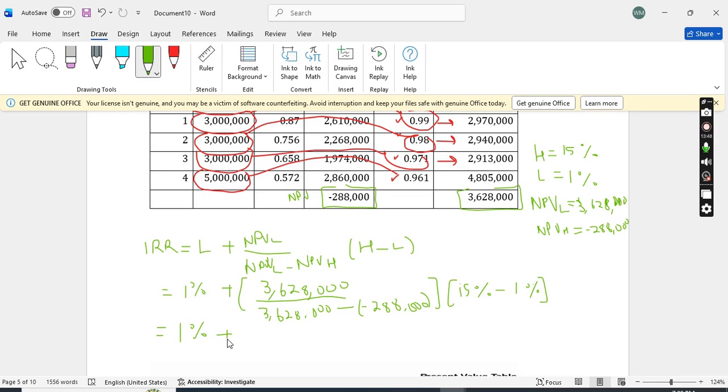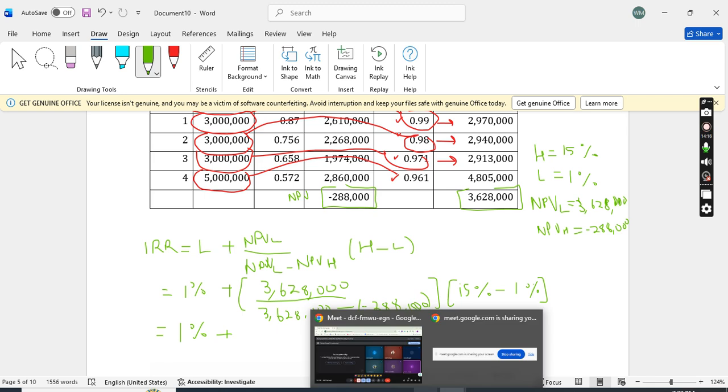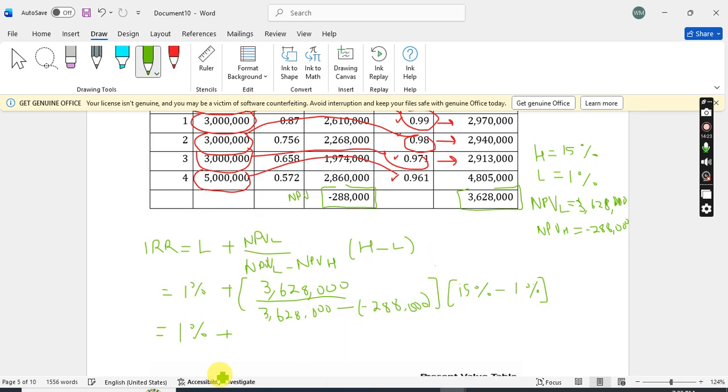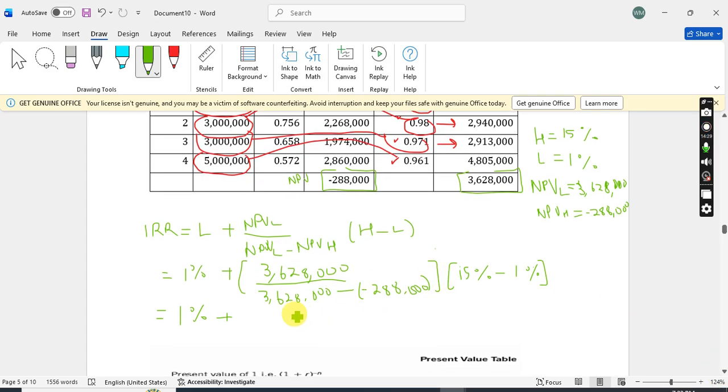In the denominator, 3,628,000 minus 288,000. What do we get? Yes, colleagues, this tabulation in the denominator, what do we get?